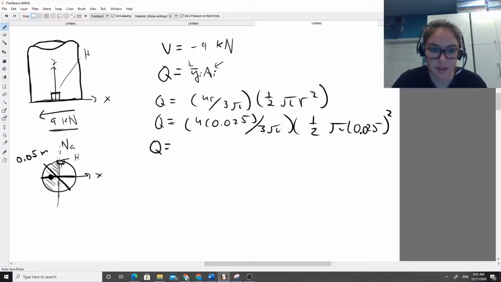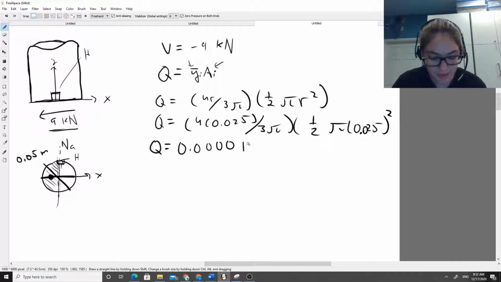Okay, and that gives us a Q value of 0.0000100417, and this is going to be in meters cubed. And so that's our Q value.